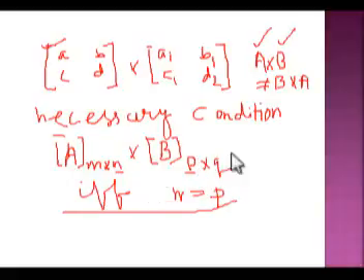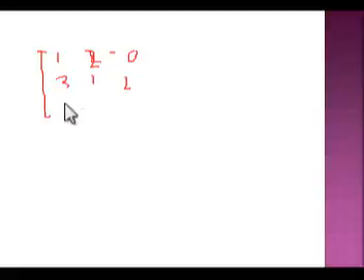So now I am taking an ordinary example of matrix multiplication. Take 1, 2, 0, 2, 3, 1, 2, 5, 1, 0.